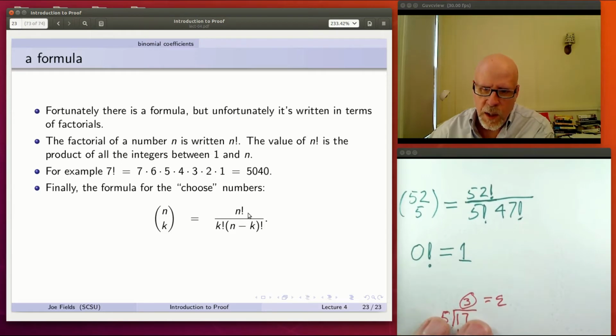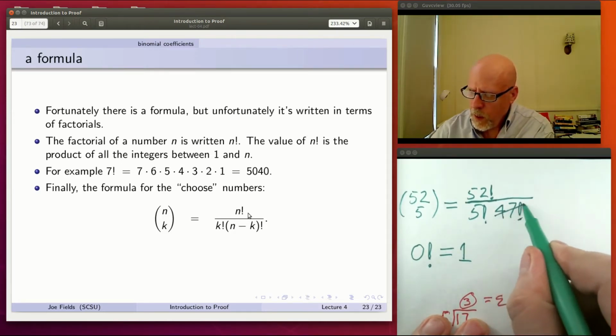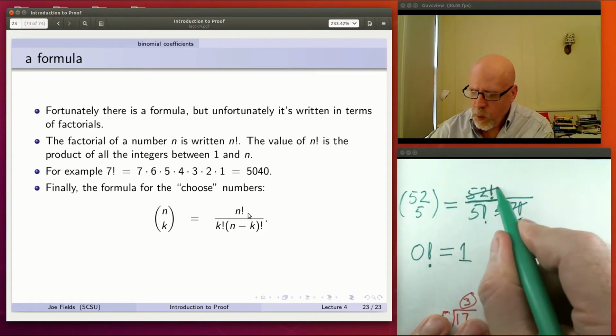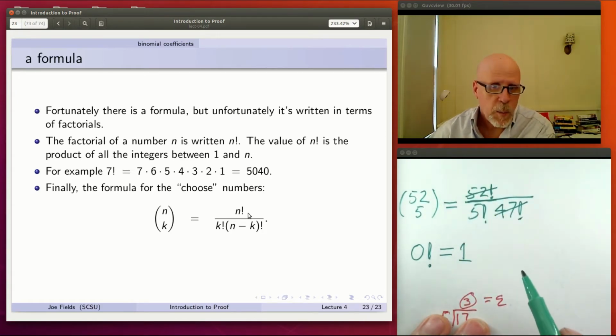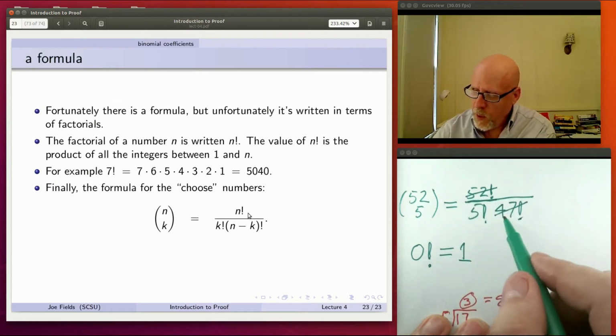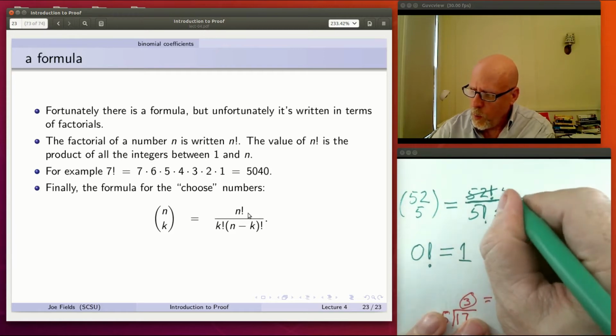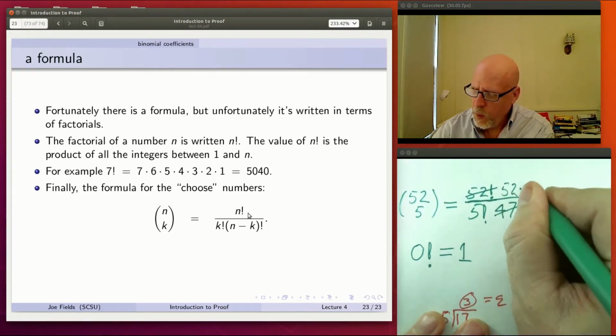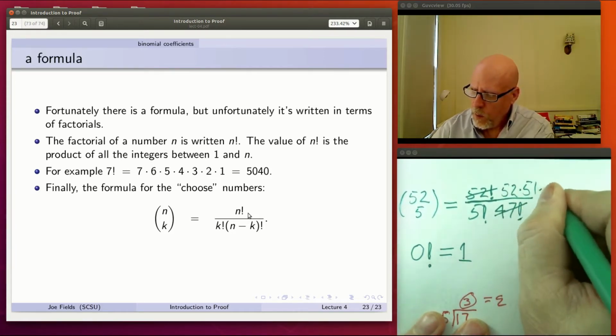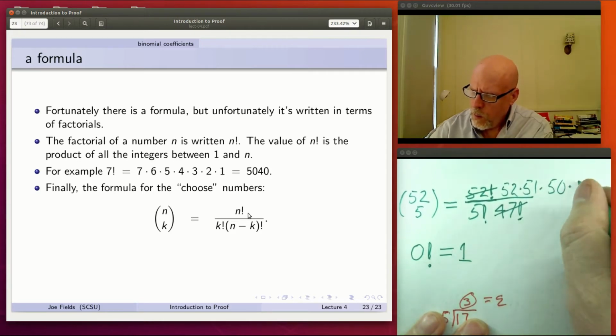I honestly can't stand to leave this without mentioning one other thing. 47 factorial and 52 factorial have a lot of the same junk in them, right? Everything from 47 on down. So if you cancel all the things from 47 factorial out of the 52 factorial, what would be left is 52, 51, 50, 49, and 48.